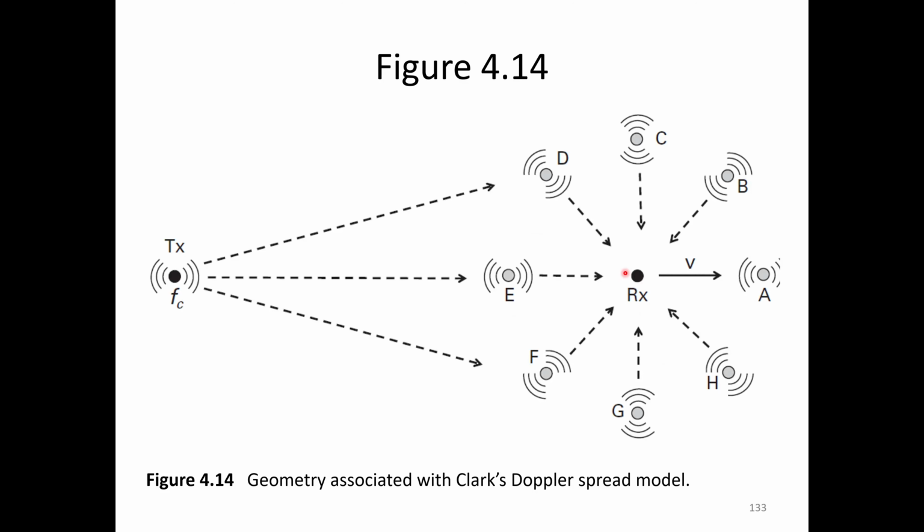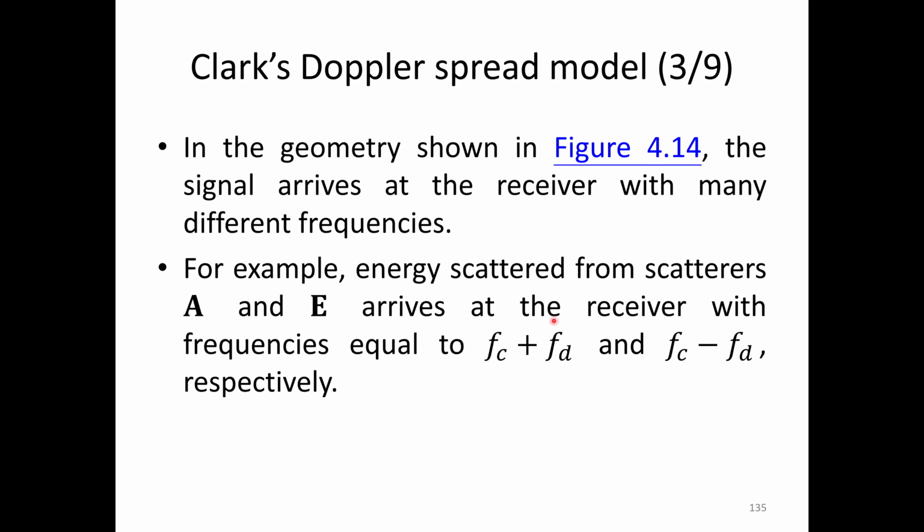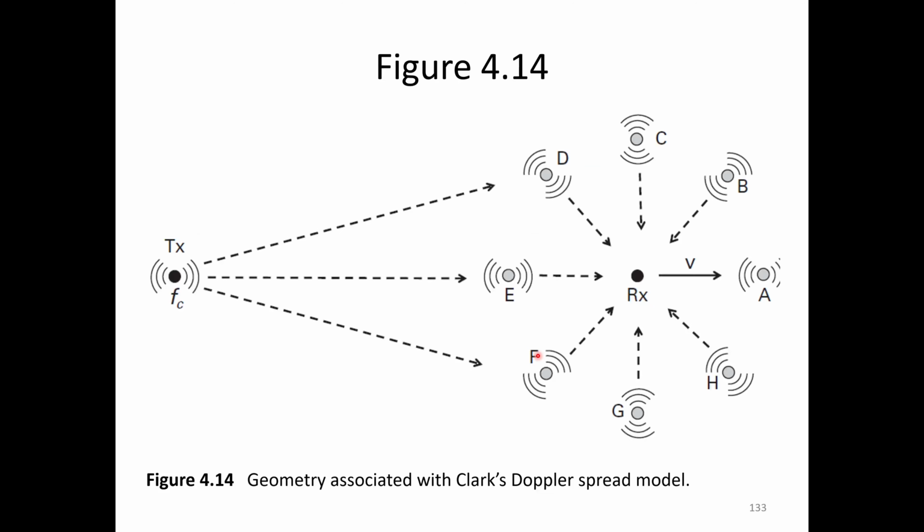Okay, because the receiver is moving toward the scatterer A, so the received frequency from scatterer A to the receiver will increase. Okay, so it is equal to Fc plus Fd. Okay, where Fc is the carrier frequency and Fd is the Doppler shift.